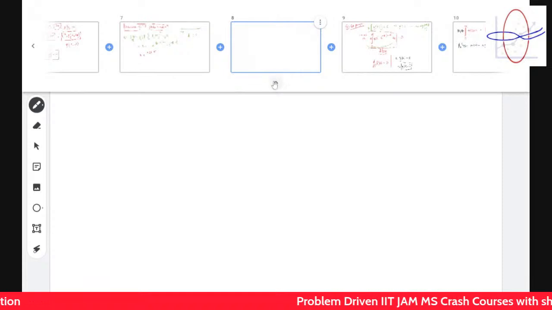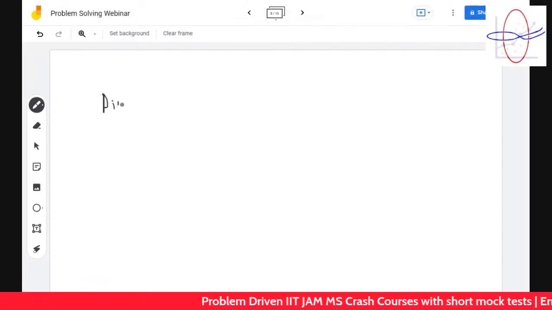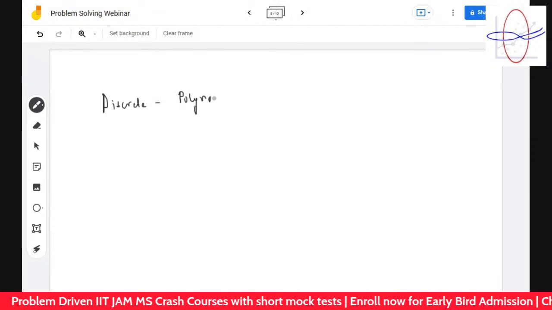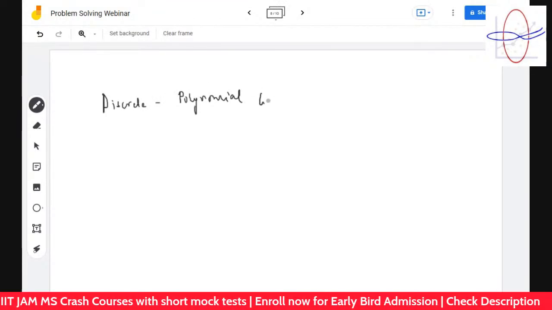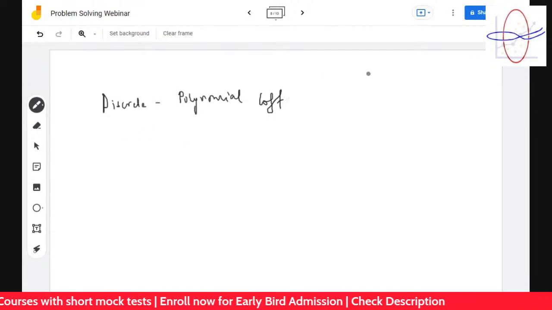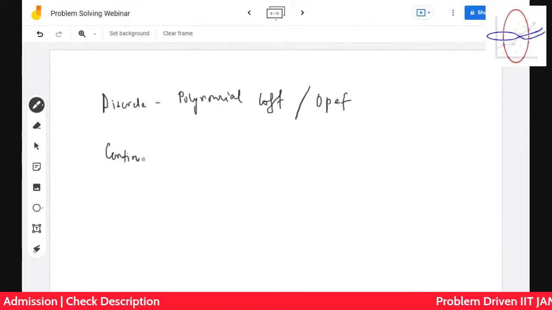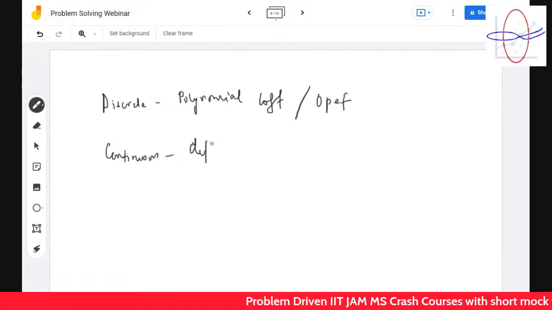For discrete, we use polynomial coefficient comparison, or OPEF, the one parameter exponential family. And for continuous, we use this differentiation method.